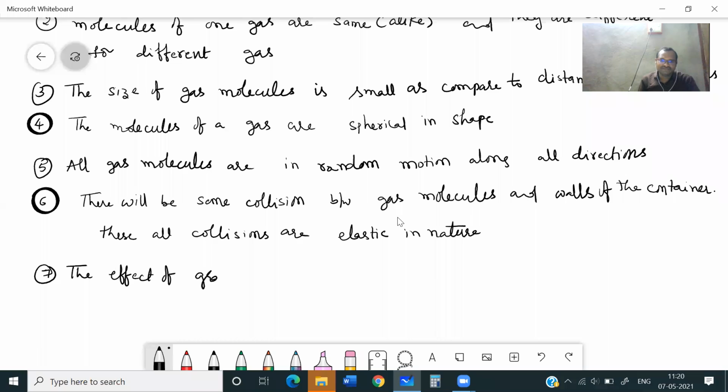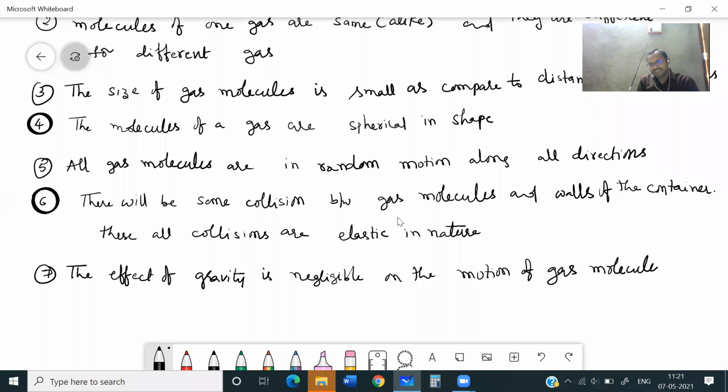Next point is the effect of gravity is negligible on the motion of gas molecules. When these gas molecules are in motion, effect of gravity will be negligible.